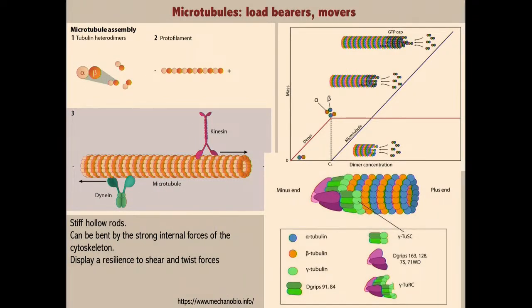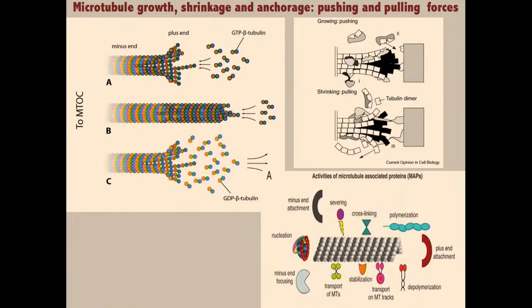Microtubules are also polymers that work with a different class of motors, but unlike actin, they're stiff hollow rods and they can't be easily bent, and so this property allows them to help a cell resist compressive forces.